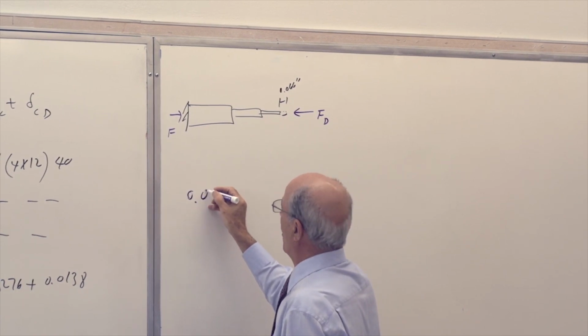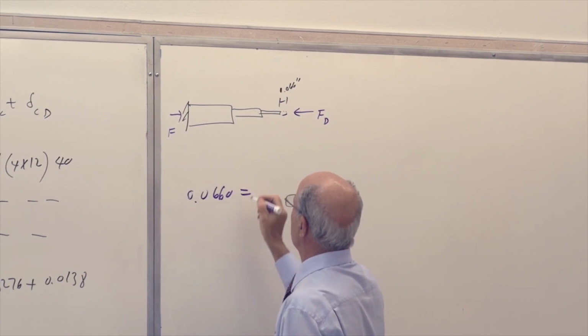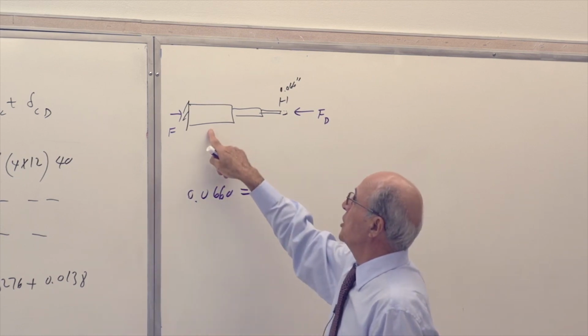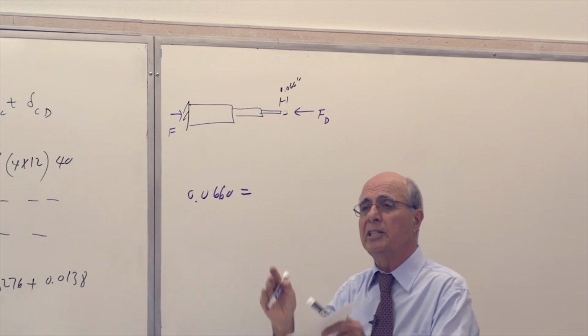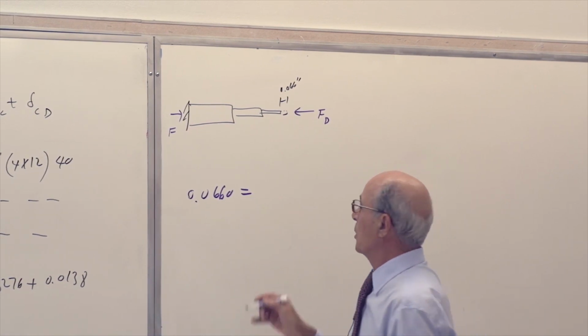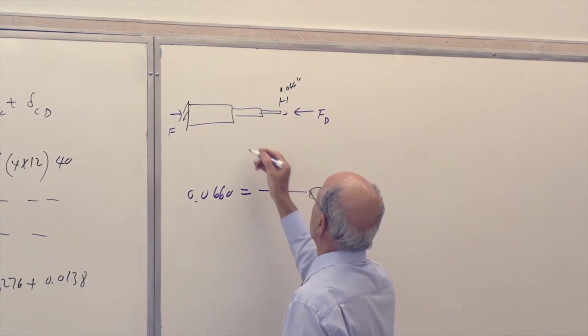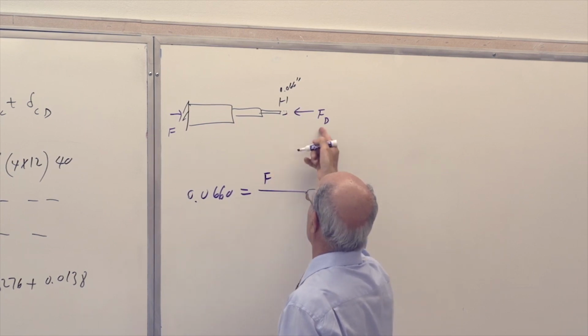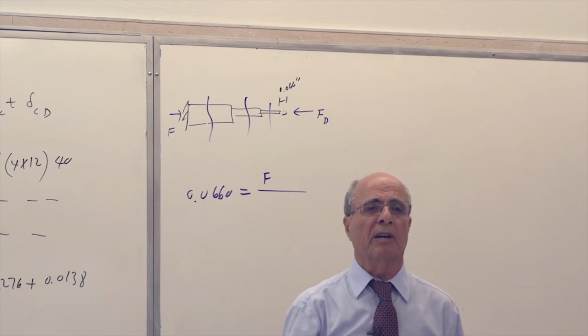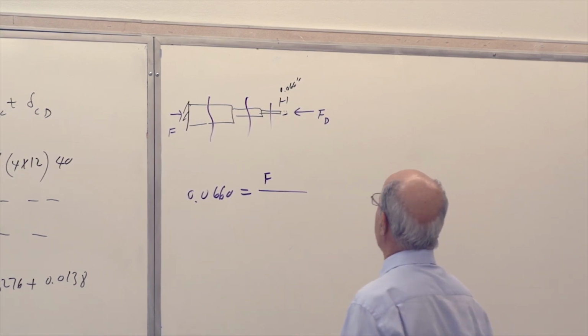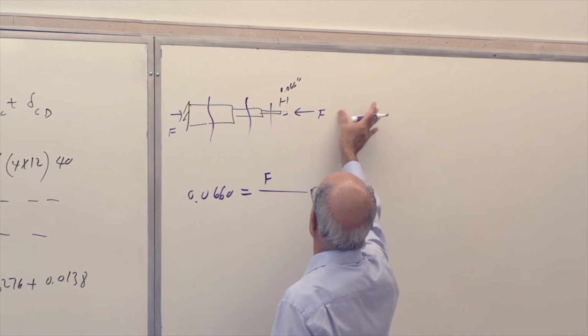But 0.0660 inches equals the change in this one, change in that one, change in the other, because all 3 of them are going a little bit smaller, yes or no? But what is that here? This one is F, because F is everywhere. Internally, everywhere we have F. Is that correct or not? Yeah. So therefore, FD or whatever you want to call it. Let's call it F actually.